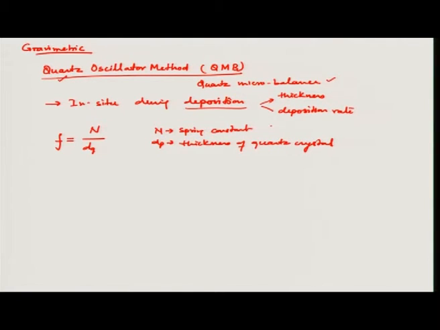And this is 1.67 megahertz for AT cut quartz, which is generally used for quartz microbalance. And this AT cut is a particular cut in a particular direction of the quartz crystal. So, this quartz crystal will have a certain natural vibrational frequency.